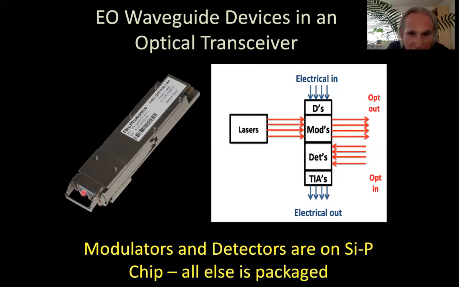And over here, we can see electrical contacts. The drivers are inside the package. The signals come in, get amplified to the drivers, and they come back out on the other side. And out here is where an optical fiber will likely pop out. Modulators and detectors then are on a silicon photonic chip.